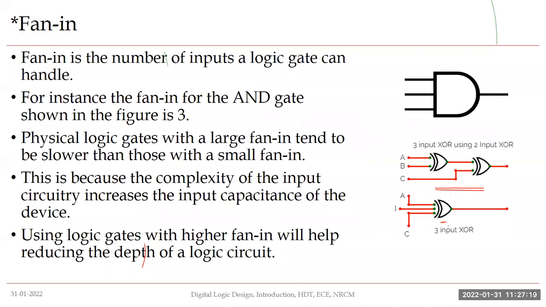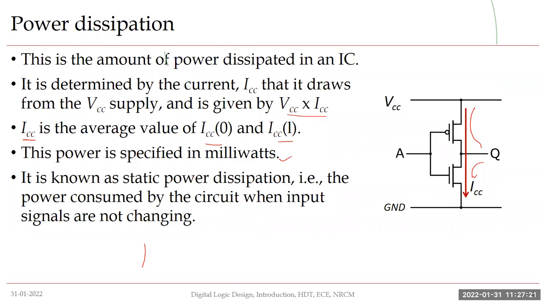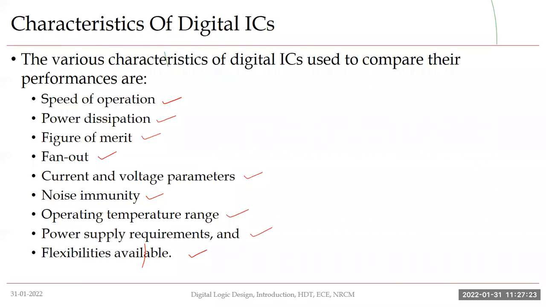Now we have discussed parameters till this point. Speed of operation, which is the amount of time taken for the output to change when the input is changing. Power dissipation is the static power dissipation, the amount of current that flows when the circuit has become stable.